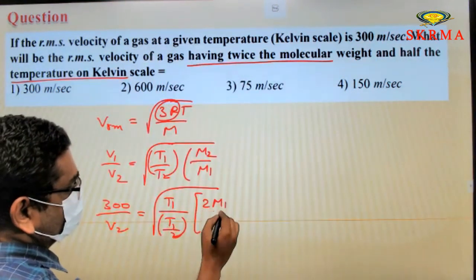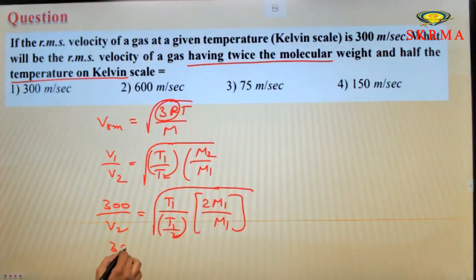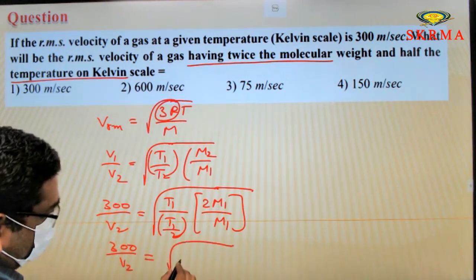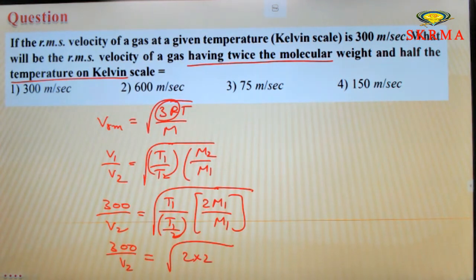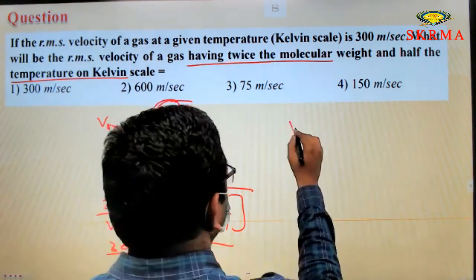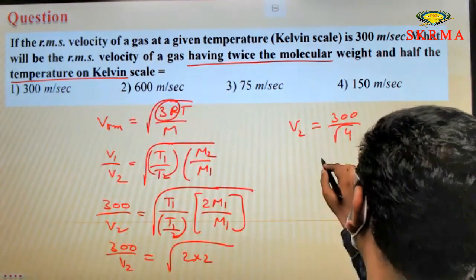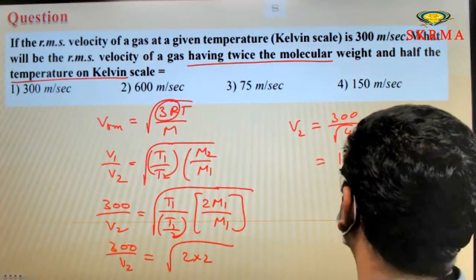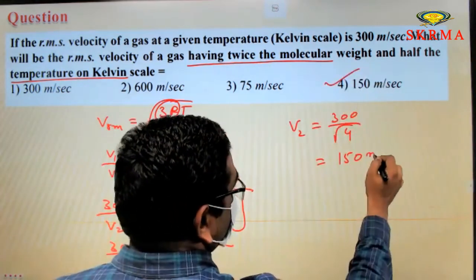So 2m1 by m1. 300 by V2 is equal to square root 2 into 2. So V2 equal to 300 by root 4, 150 meter per second.